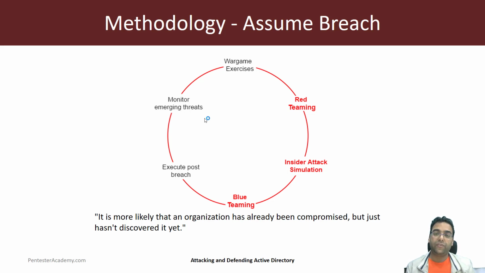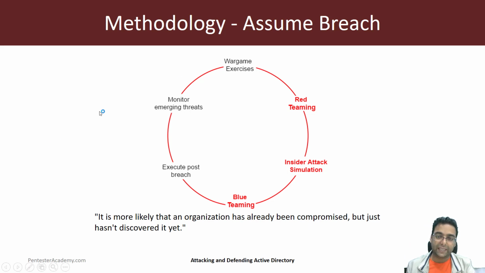So in place of the traditional perimeter-based security, where you dig trenches, locked and loaded, expecting that an enemy will come in and you can fight the enemy, the assume breach scenario, as the name suggests, assumes that you have already been hacked and the adversary is already inside the network. It is only a matter of time before we discover the adversary, right? That is what assume breach is.